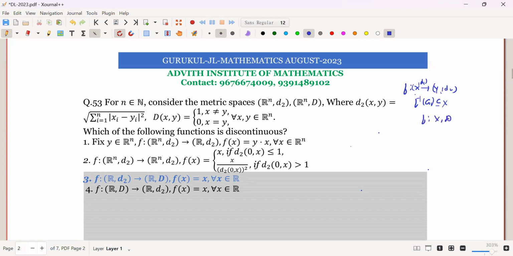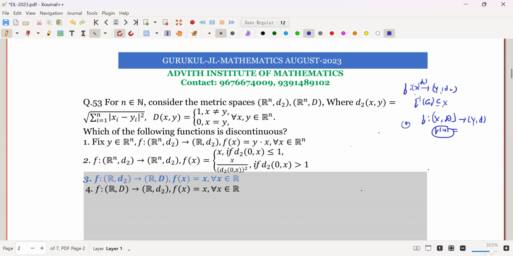Also, any function defined on a discrete metric space, with Y with d where d is any metric, is always continuous. Any function defined on a discrete metric is always continuous.